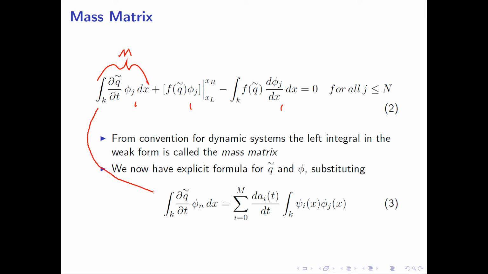So this right here is our mass matrix. Notice that our basis functions be with respect to J. And so we'll substitute in for our solution approximation here. Now we can see we've actually broken it apart into two pieces over here.